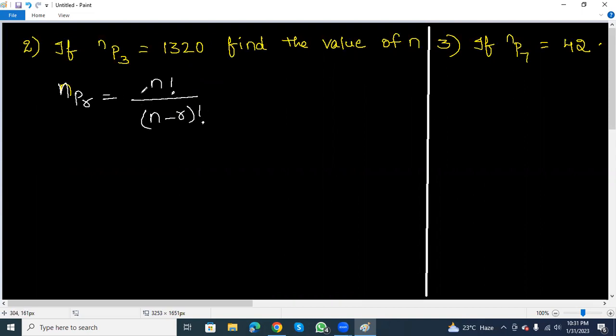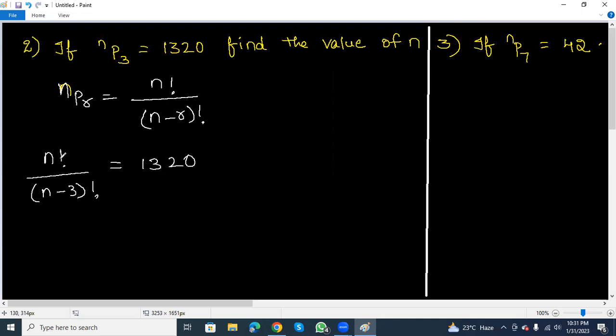So now we need to find out nP3. The value of n is not given, we need to find it. So that means n factorial by n minus 3 factorial, which is equal to 1320 given in the question.